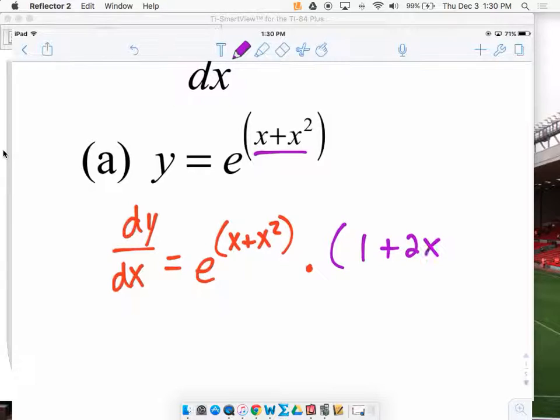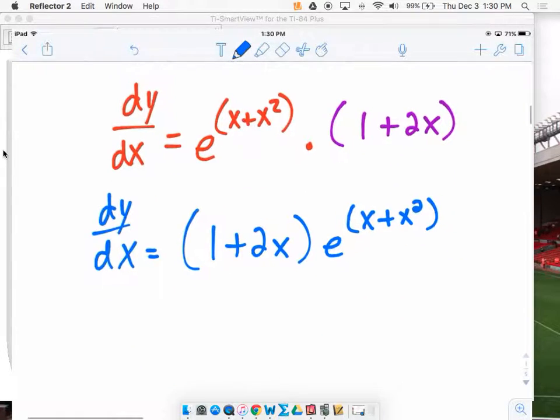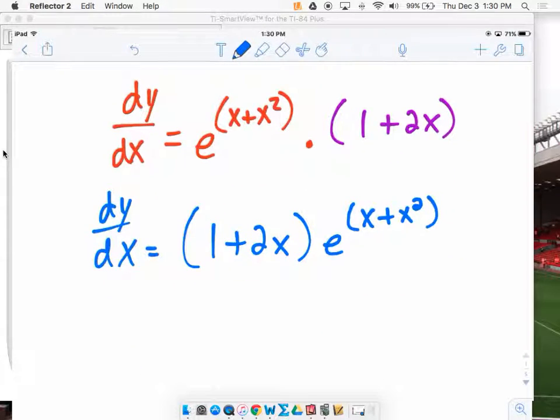One plus 2x. So dy over dx is just 1 plus 2x times e to the x plus x squared. You can distribute if you would like, but you don't have to. Doesn't really help anything.